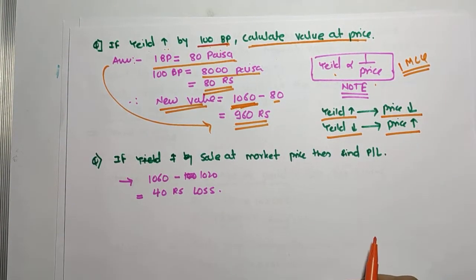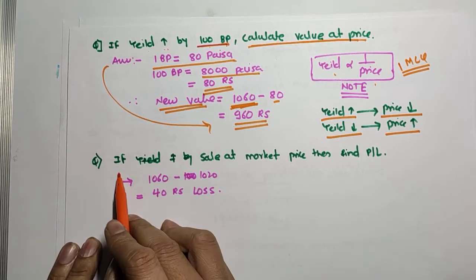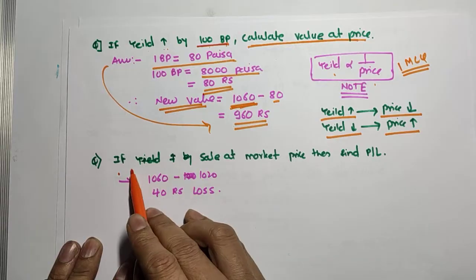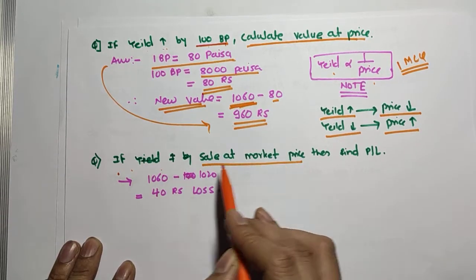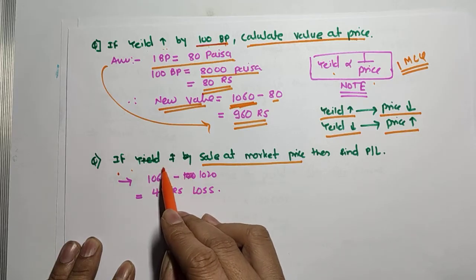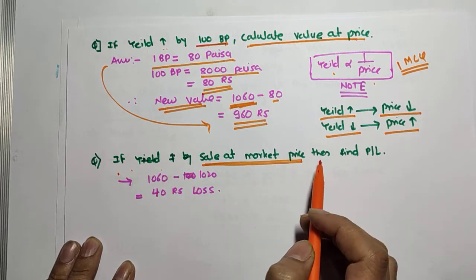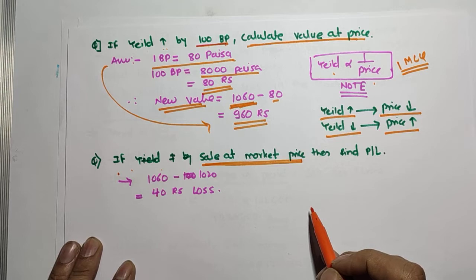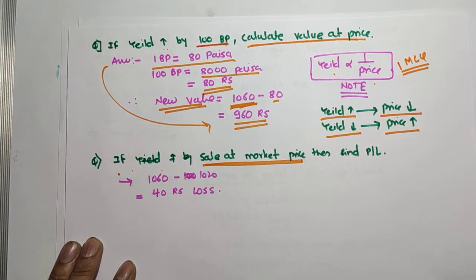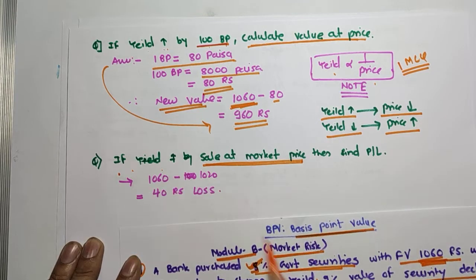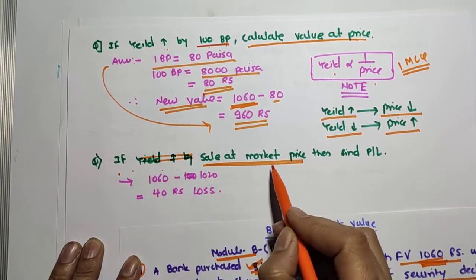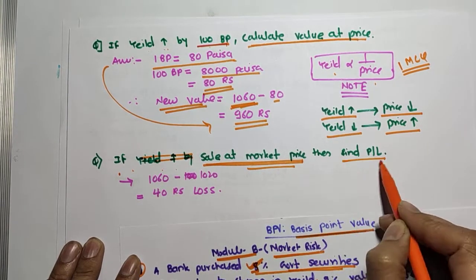So friends, see next question. Very simple. If it is sold at a market price, what are they saying here? If the government securities are sold at a market price, then what will be the profit or loss?